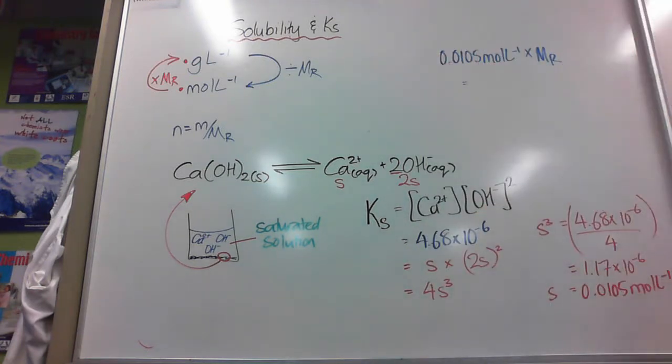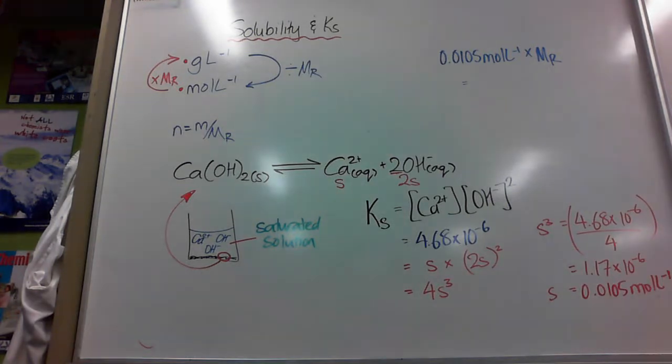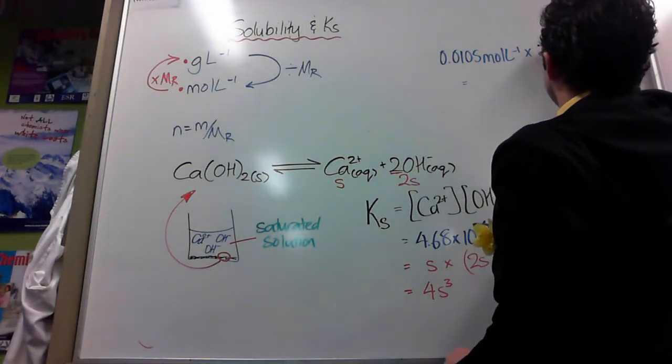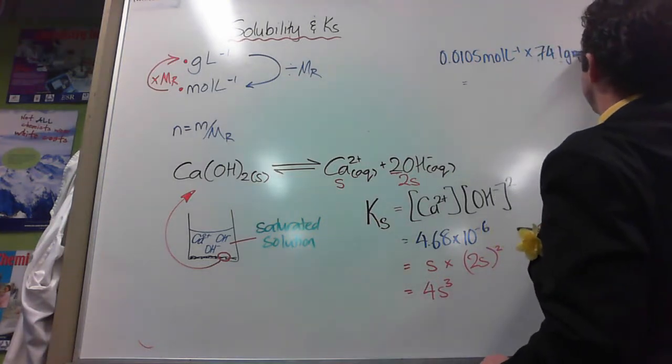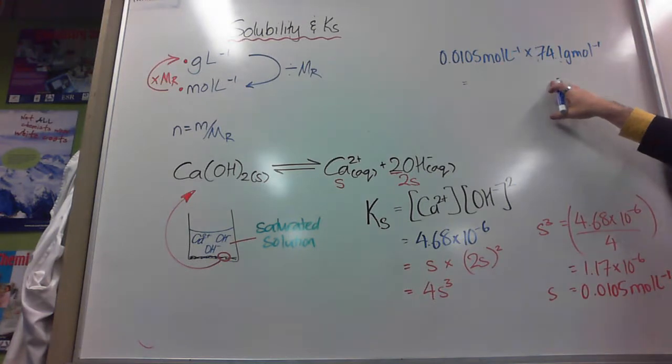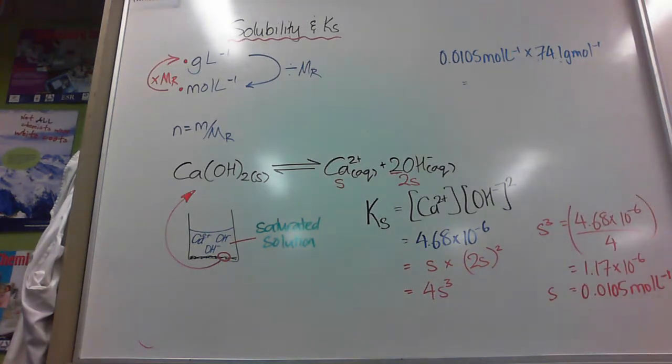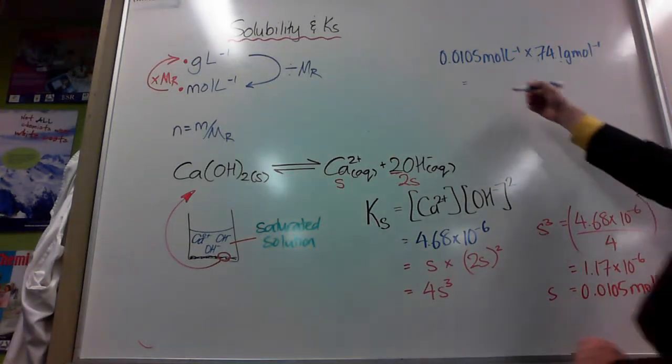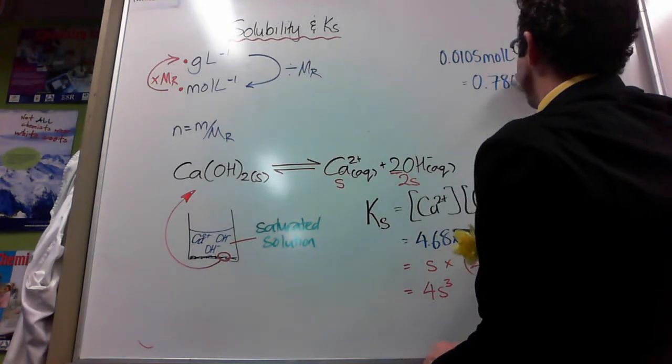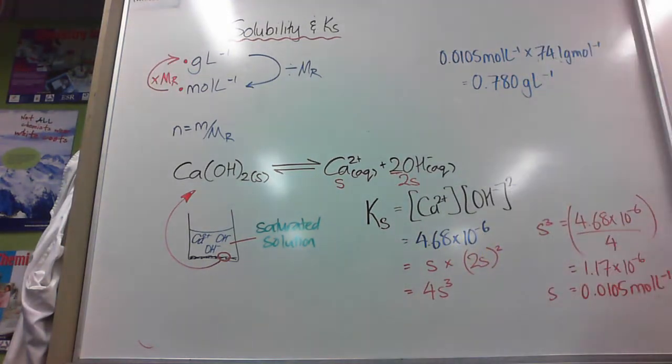The molar mass for calcium hydroxide is 74.1, so 74.1 grams per mole will give this to me in grams per litre. And I get 0.780 grams per litre. Again, not much, less than a gram in every litre.